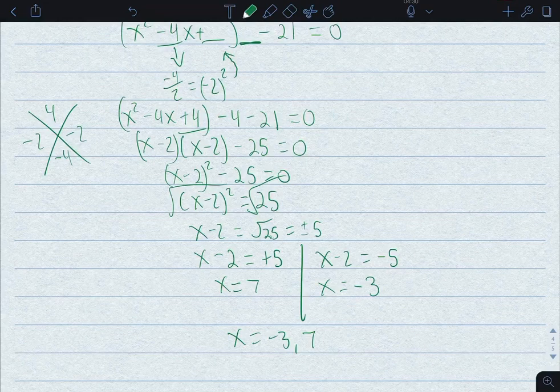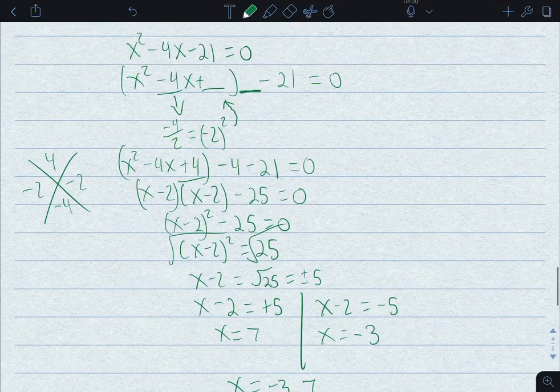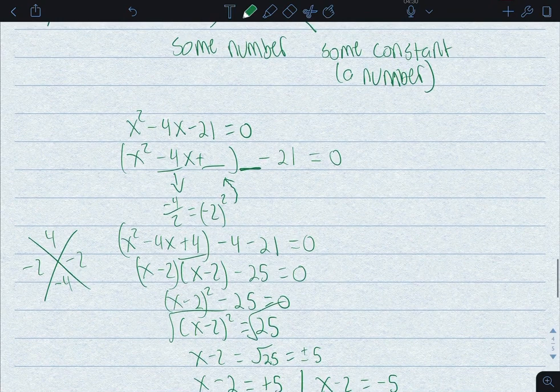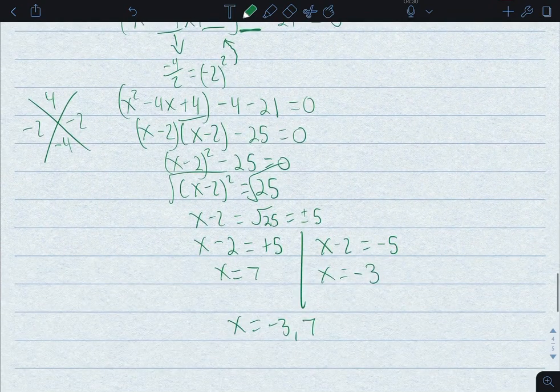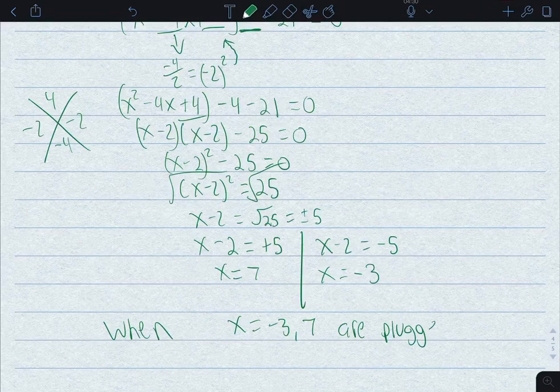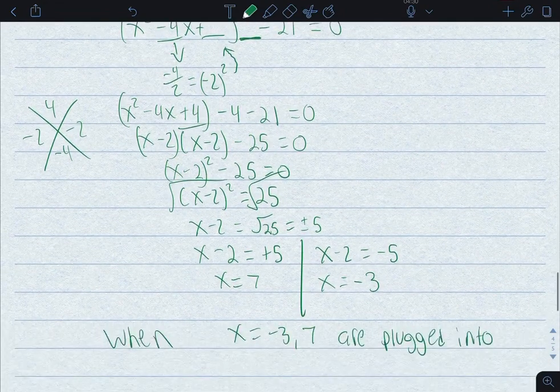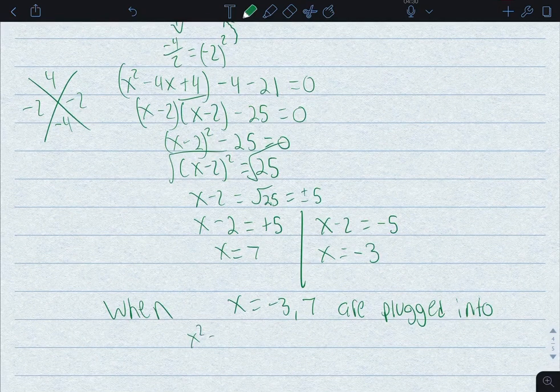If I plug either one of these numbers into the top, when these two x's are plugged into x squared minus 4x minus 21, we get 0.